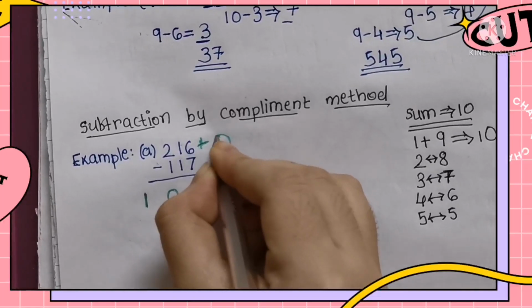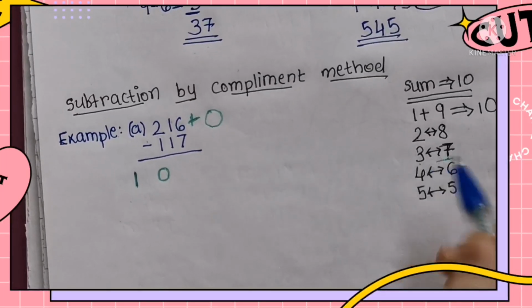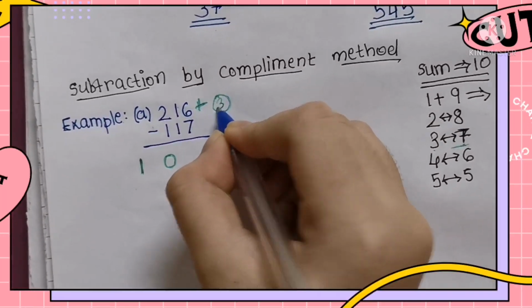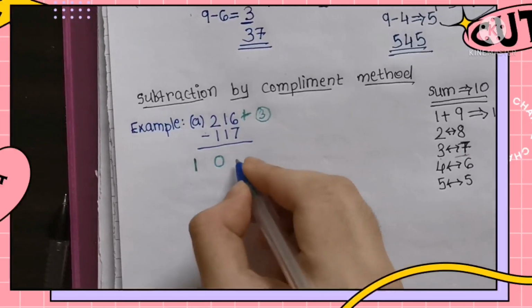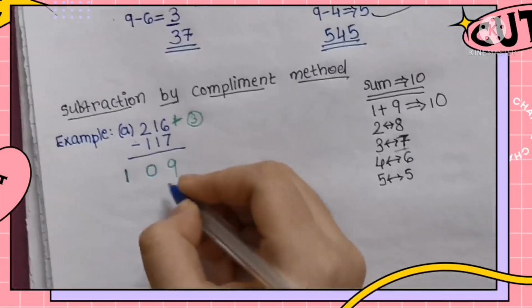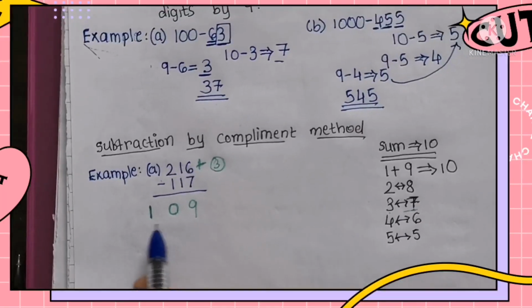So what is the complement of 7? The complement of 7 is 3. So 6 plus 3 is 9, so we put a 9. Now we have not come to the answer yet.